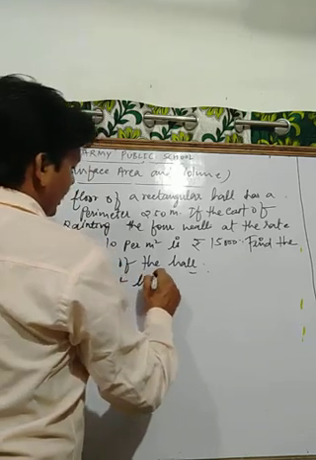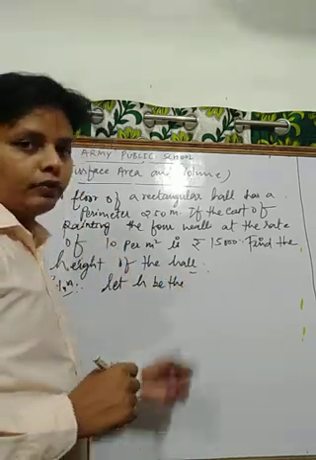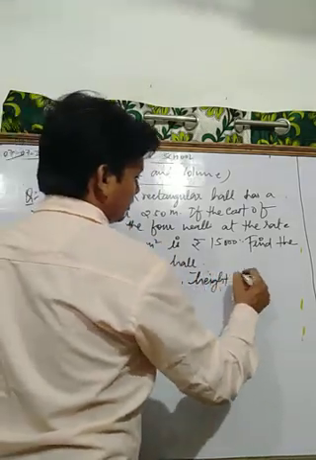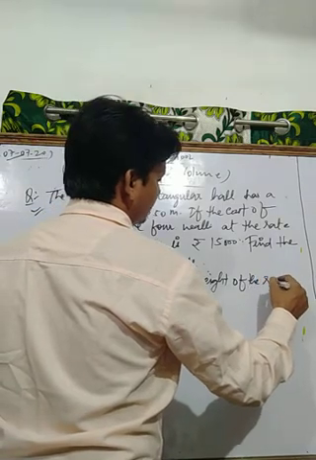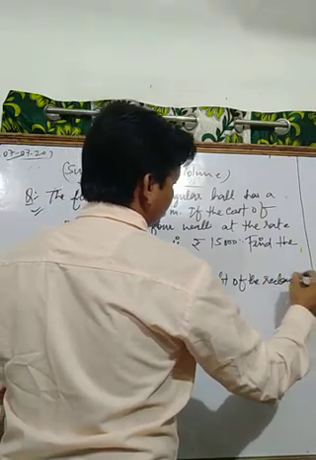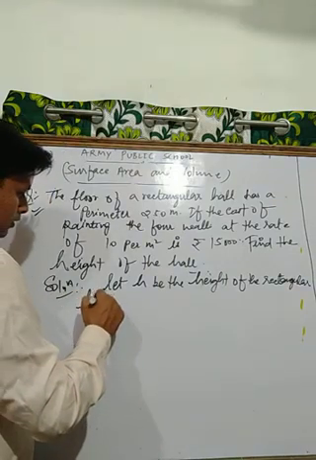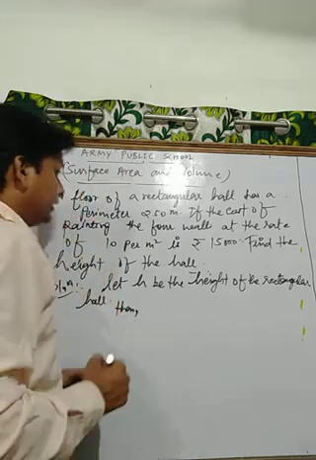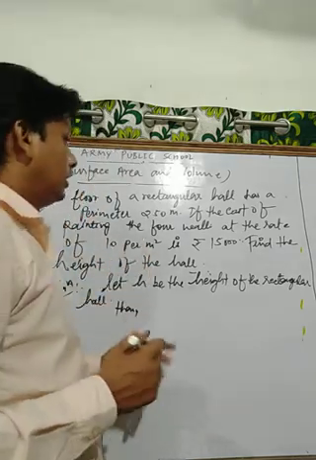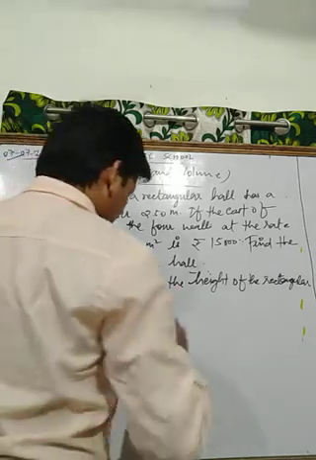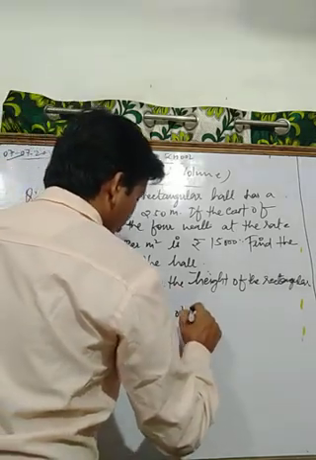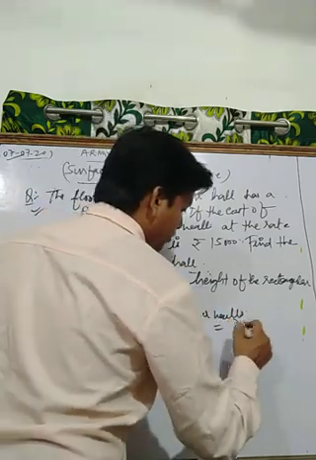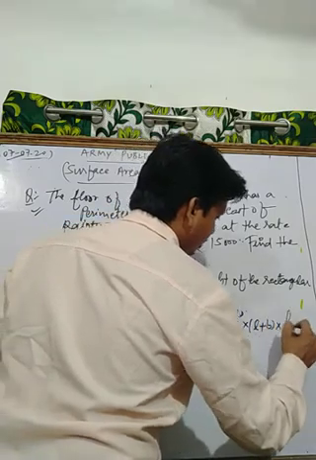Let h be the height of the rectangular hall. Then the area of 4 walls is 2 into length plus breadth into height.